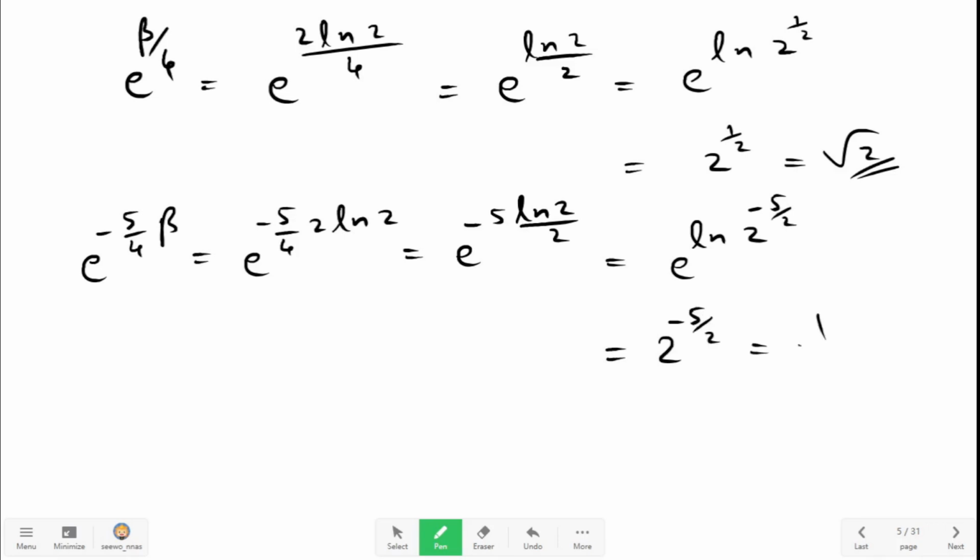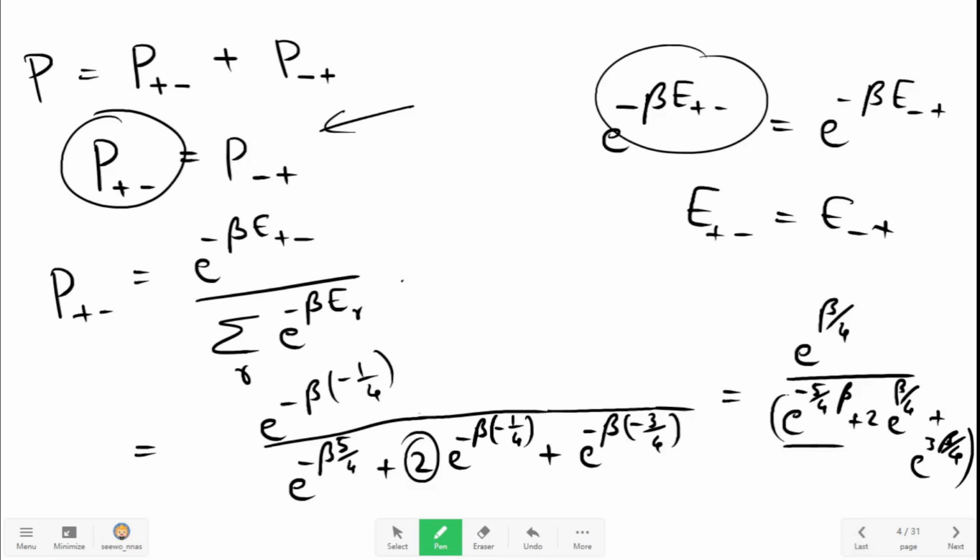This is equal to 1 by 2 raised to 5 by 2, which is 1 by the square root of 32. This is 1 by 4 root 2.